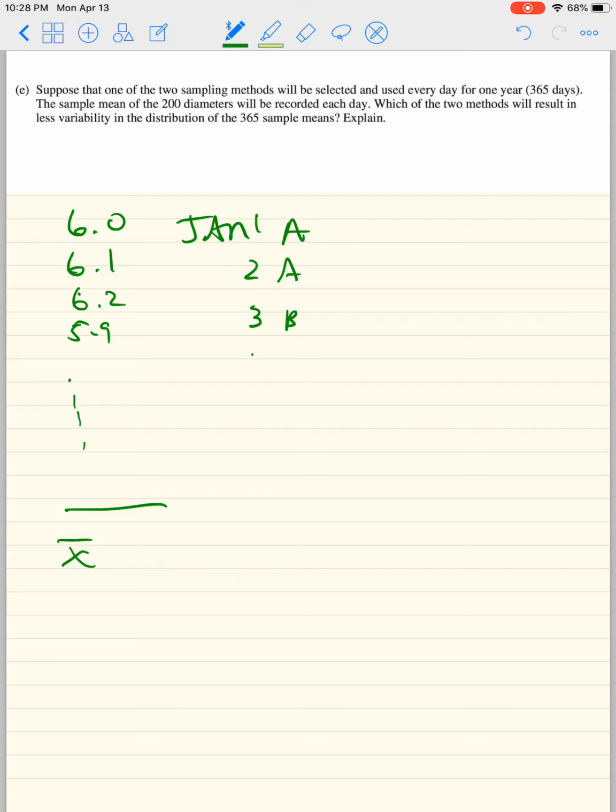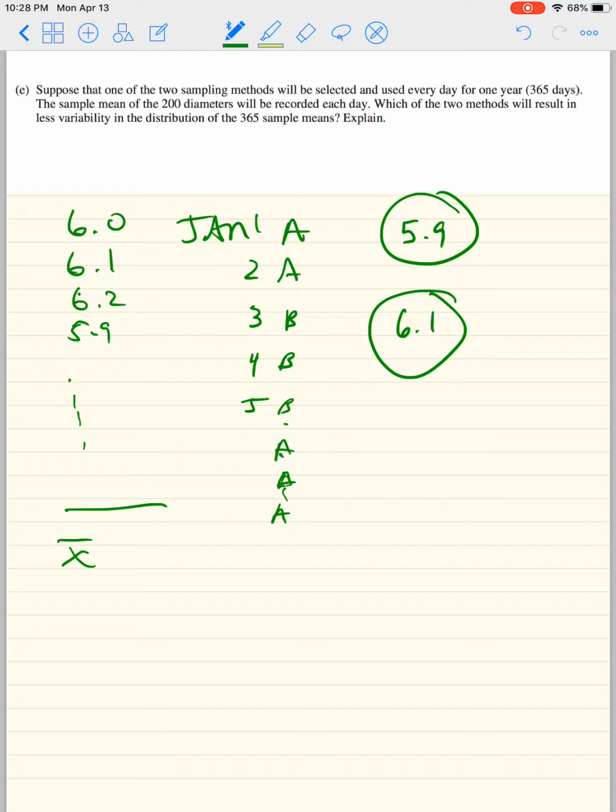January 3rd, 4th, and 5th, you chose B, and you keep switching between A and B. If you choose 200 from A, you're going to basically get 5.9 because 200 is way bigger than 30. If you pick B, you're going to get 6.1. Every day, the sample mean is going to be either 5.9 or 6.1, so half of them, let's say 100 days, will be 5.9 and the other half will be 6.1.